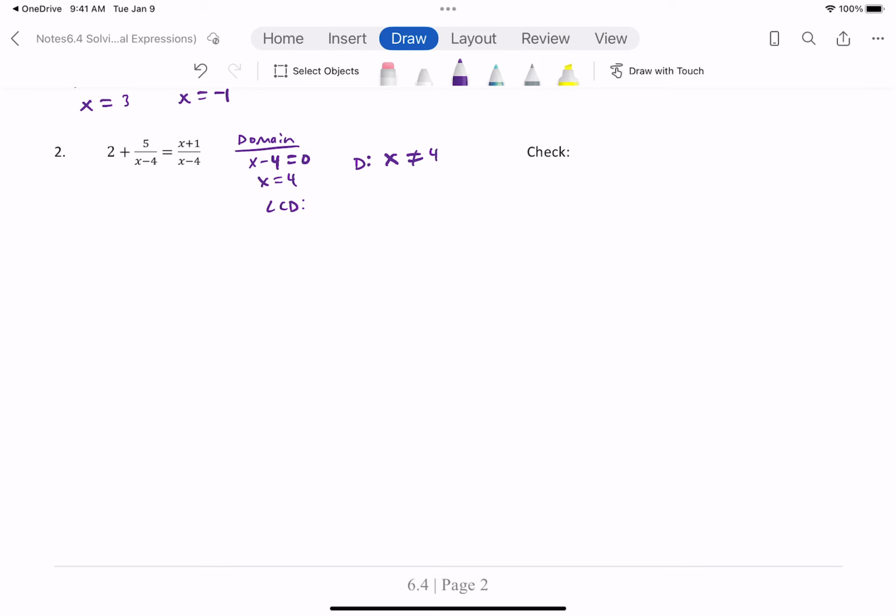My LCD, I have the denominator x minus 4 in both of my fractions. So that will be my LCD. And now we're just going to multiply every term in the equation by that LCD.